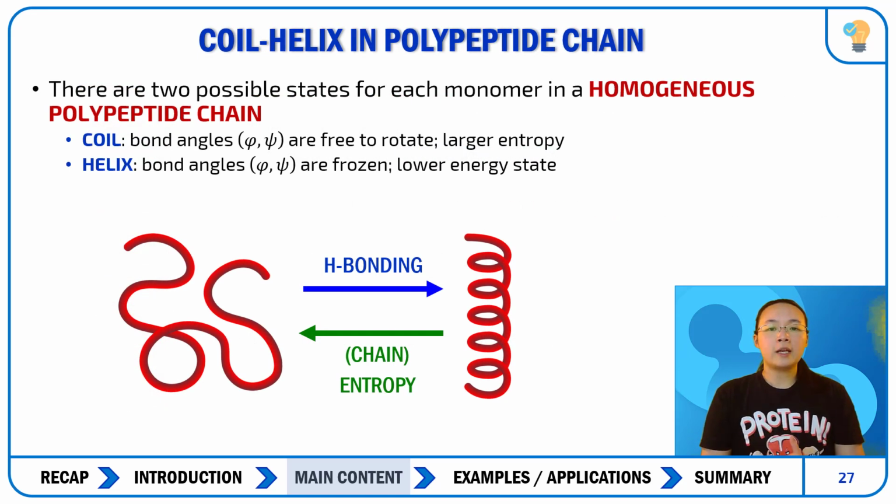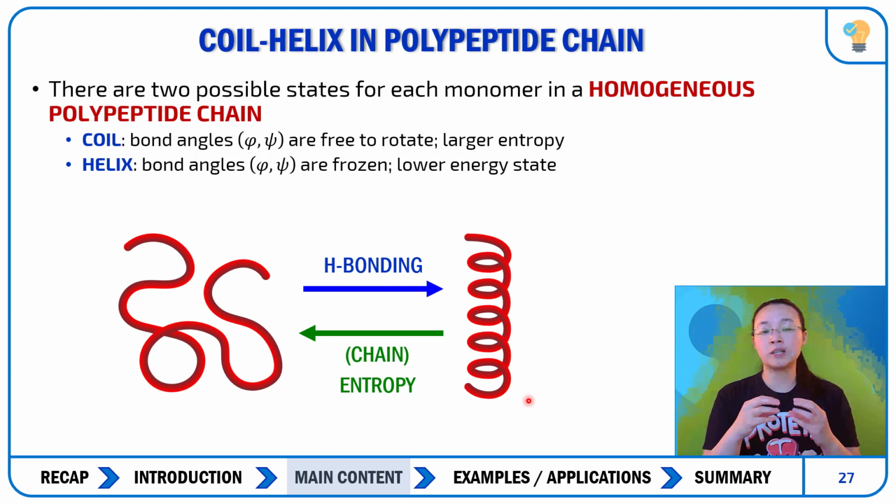When looking at a homogeneous polypeptide chain, we note that there can only be two forms for each monomer. Each monomer can either be in a coil state, where the bond angles are free to rotate and therefore have larger entropy, or the monomer is in a helical state, which means that the bond angles are essentially frozen because they're stuck in a helix structure.